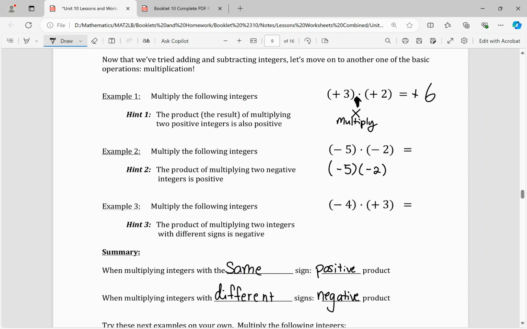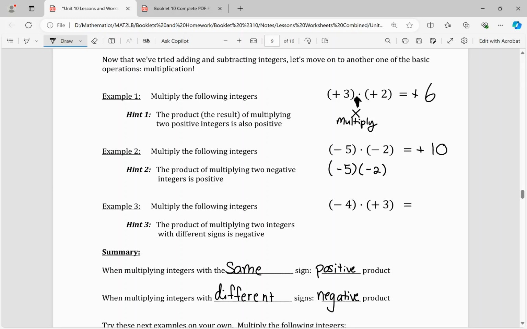So -5 and -2, the first thing that we're going to do is just multiply the numbers. 5 times 2 makes 10. And then after, let's consider whether that 10 is positive or negative. Now, -5 is negative, and -2 is negative. And when I multiply two negative numbers, I get a positive answer, right?